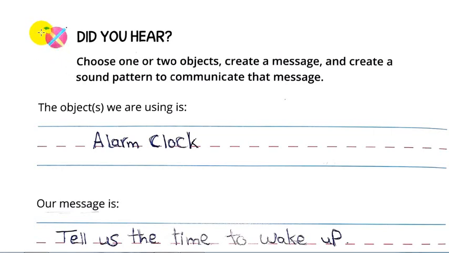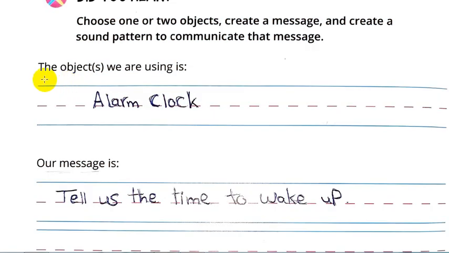Turn the page. Let's read together. Did you hear? Choose 1 or 2 objects, create a message, and create a sound pattern to communicate that message. Number 1. The object we are using is... Here you can choose any object. I choose an alarm clock, for example.